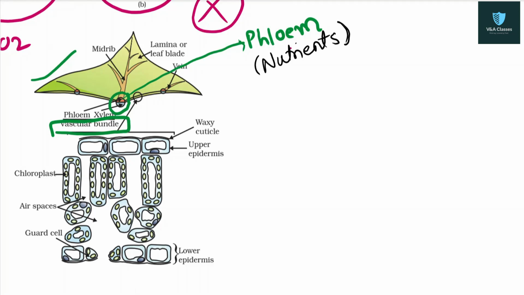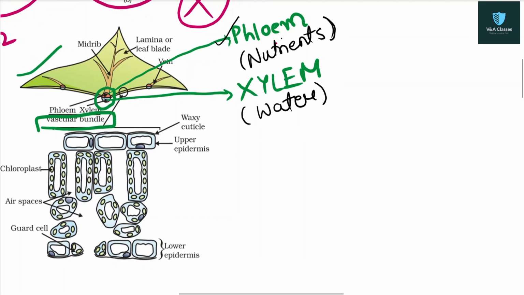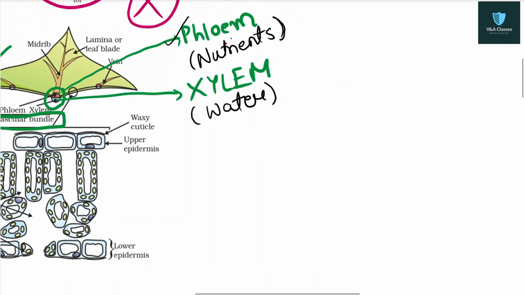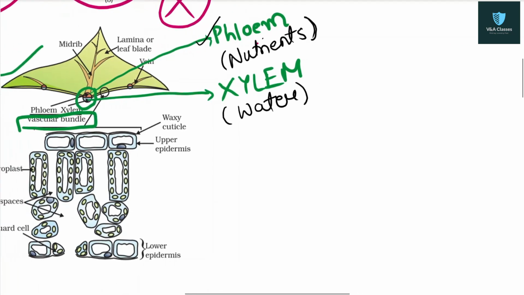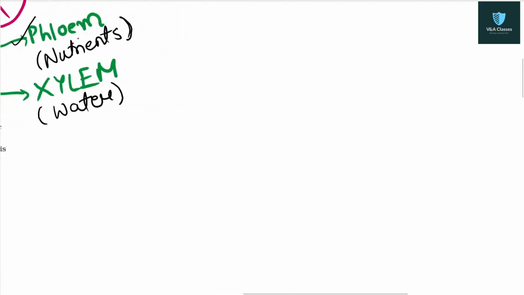So that will happen with the help of phloem. And on the lower half, you can see there is xylem. This xylem is concerned with the transport of water. Okay, this is the conducting channel for water. So now let's see how all this takes place at the level of roots.